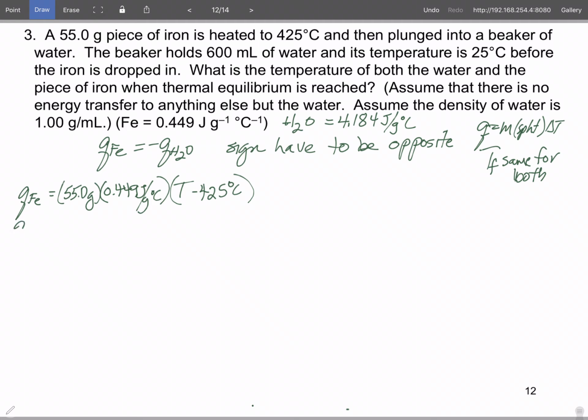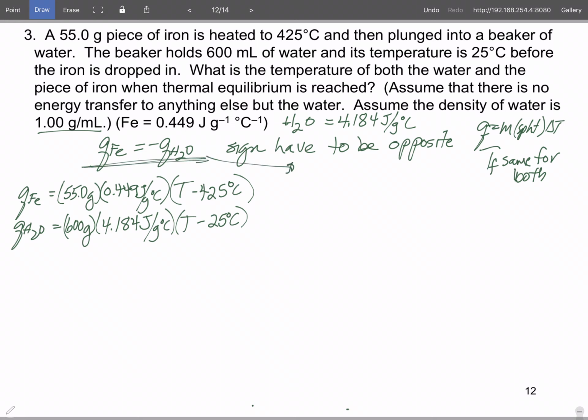All right, now the Q of water. We're told we have 600 mLs. Remember that the density of water is 1, so that means we're going to have 600 grams. We're given the specific heat of water, which is 4.184 joules per gram per degree C. Our temperature final will be the same, but our initial temperature is 25 degrees C. Now we have identified both of them, but we have to plug them in.